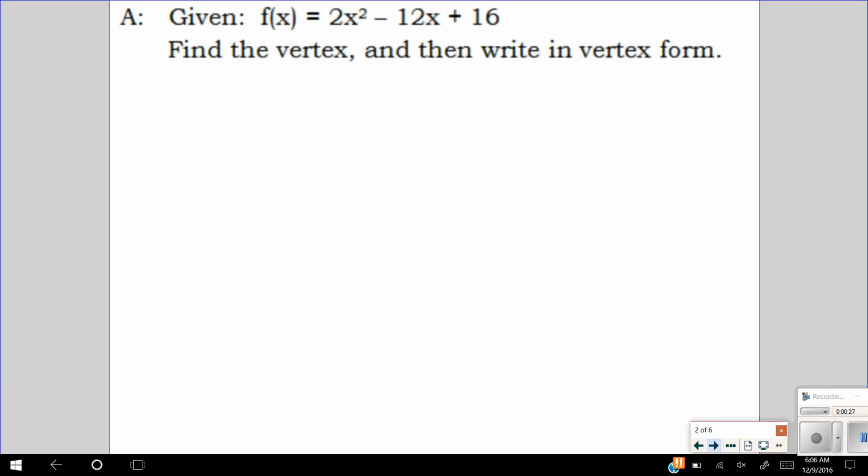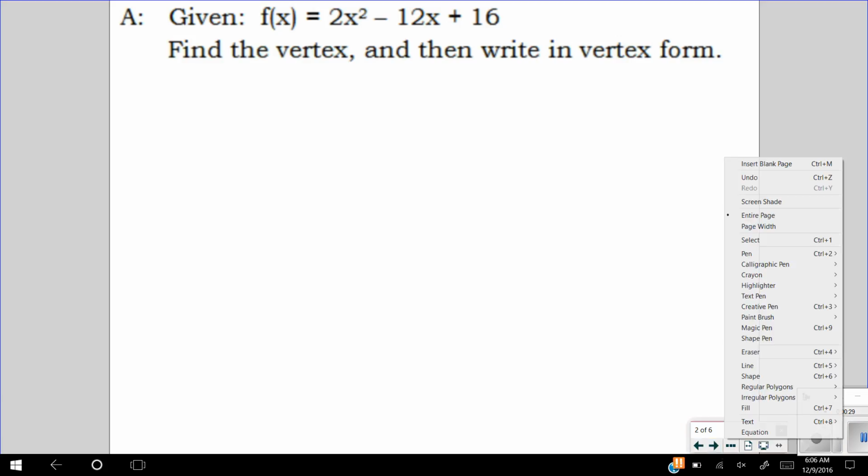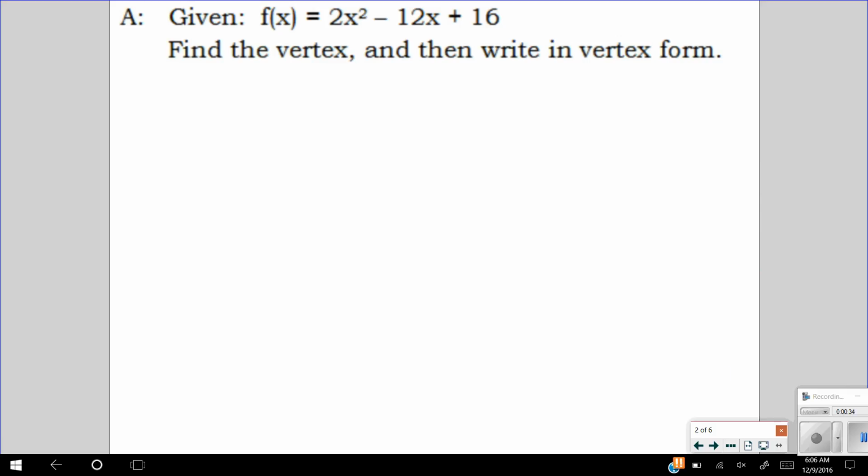It's asking us to take this function f of x equals 2x squared minus 12x plus 16 and find the vertex and write it in vertex form. So I like to start by getting it in vertex form and then using it to find the vertex. So to get this in vertex form, we have to complete the square.